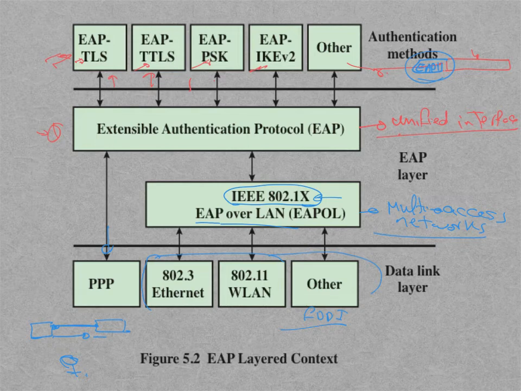Any kind of multi-access network, you have to use IEEE 802.1x. So again, this standard is done in a way similar to logical link control. Remember we said logical link control was agnostic to the physical technology itself. It doesn't matter whether you're using fiber optics or cable.